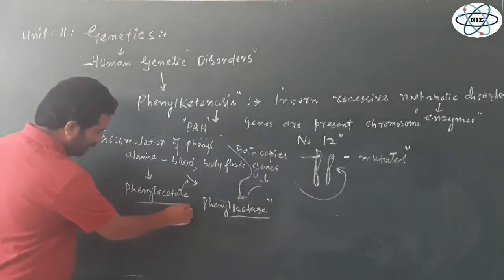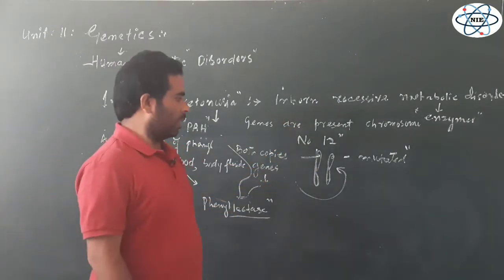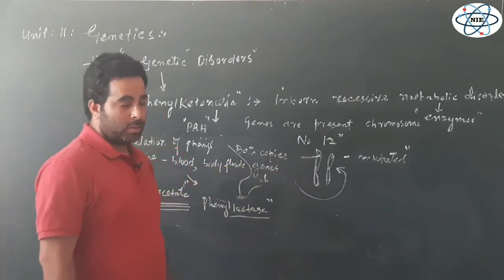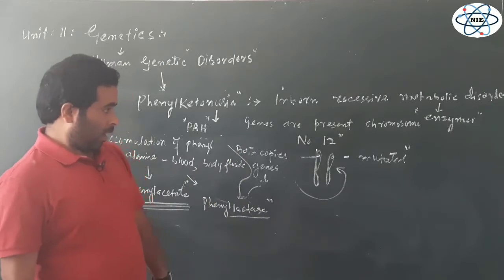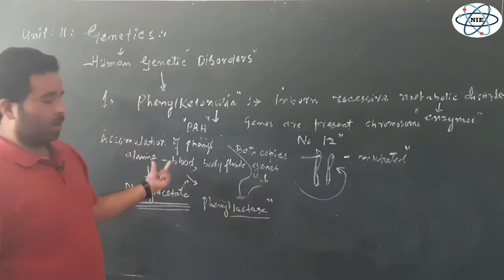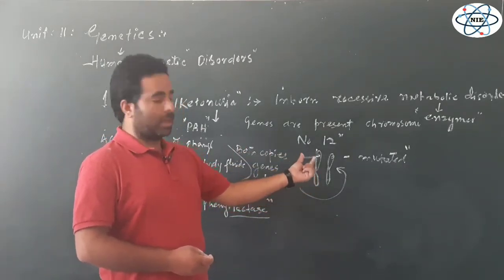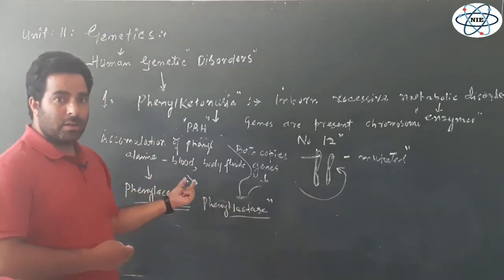But here you have to understand the important point that since it is an autosomal recessive disorder, we need 2 copies of genes. That means both copies should be mutated, both should be defective. If one of the copies is normal, for example, then this disorder will not appear. Then it will exist in the heterozygous condition, not in the homozygous condition, and generally the disorder does not show its characteristic features.